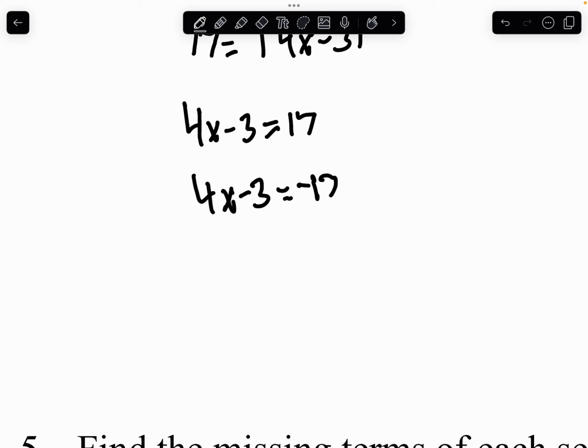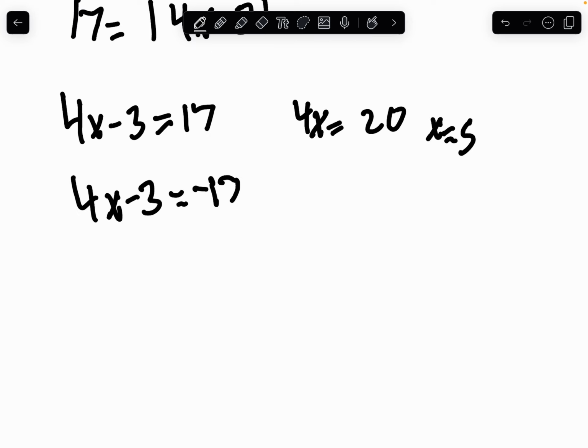So now you can solve it. We add 3 to the top one. So we have 4x equals 20, x equals 5. And then add 3 to the bottom one.